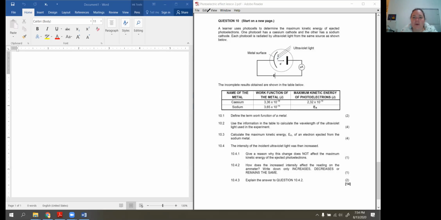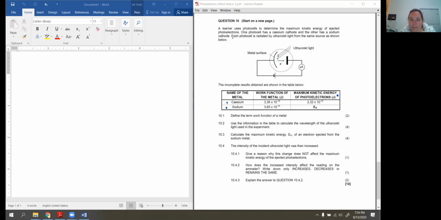Okay, so the question says, a learner uses a photocell to determine the maximum kinetic energy of the ejected photoelectrons. There are the values of the maximum kinetic energy. One photocell has a cesium cathode, and the other has a sodium cathode.